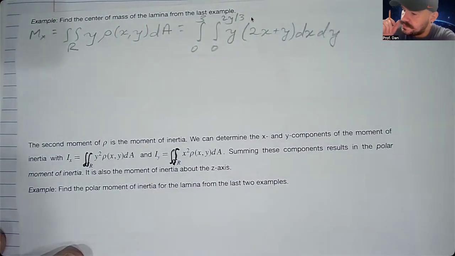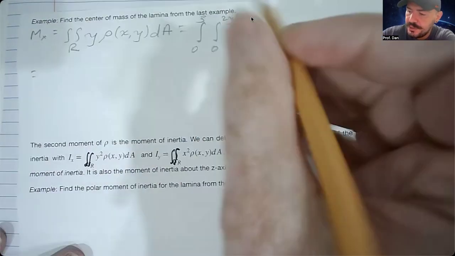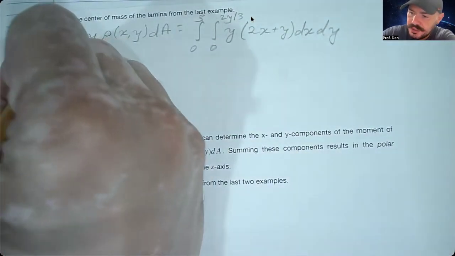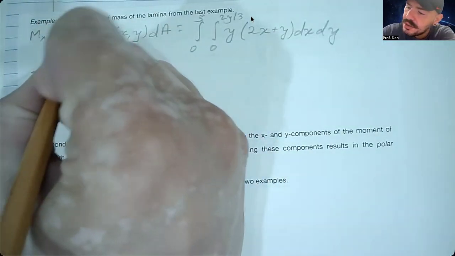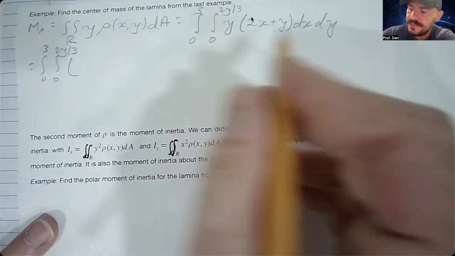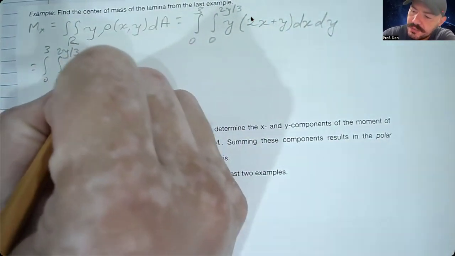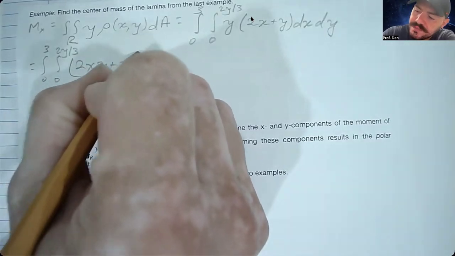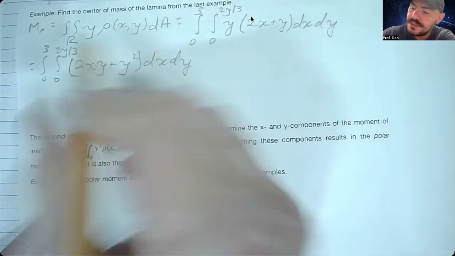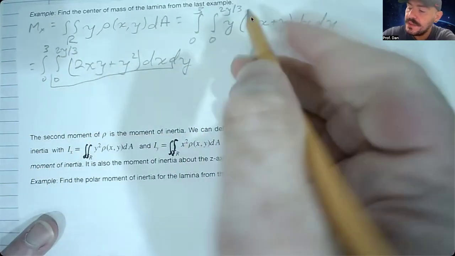So before I do anything, I need to distribute this y so that I can do my antiderivatives as easily and painlessly as possible. So if I distribute that y, I get 2xy plus y squared. And remember, with this order, we're starting with the dx integral.